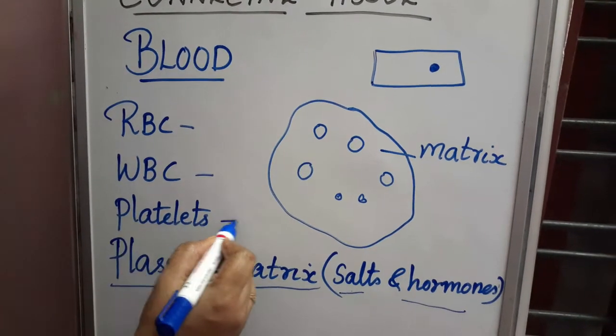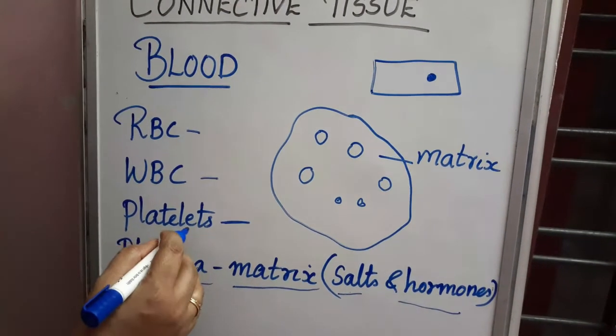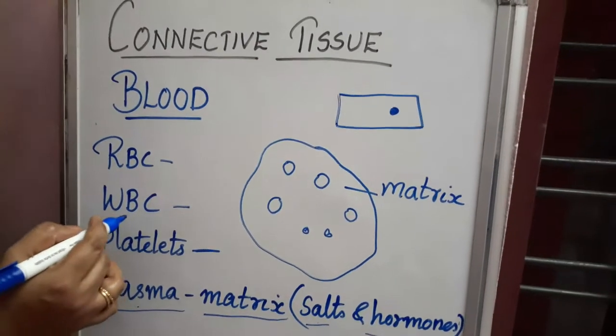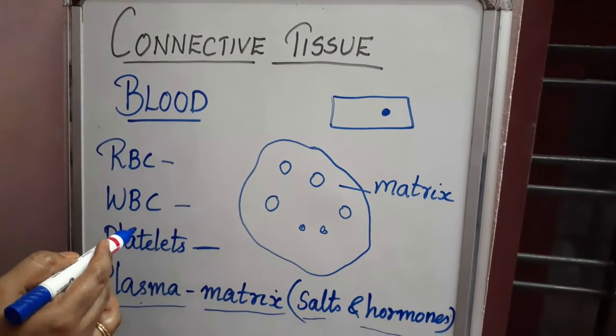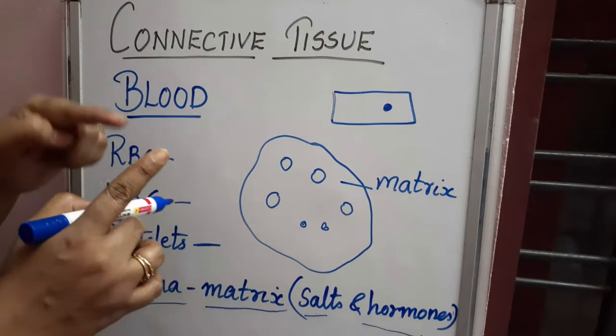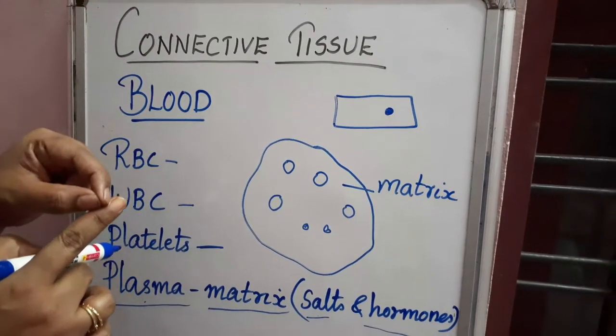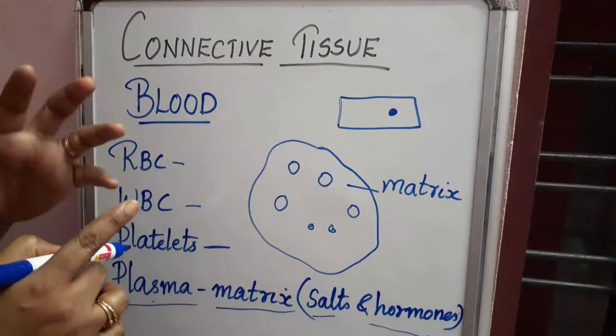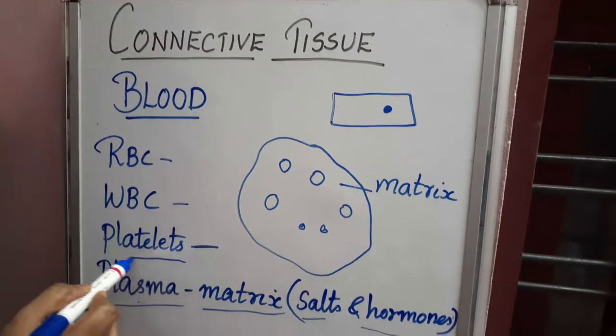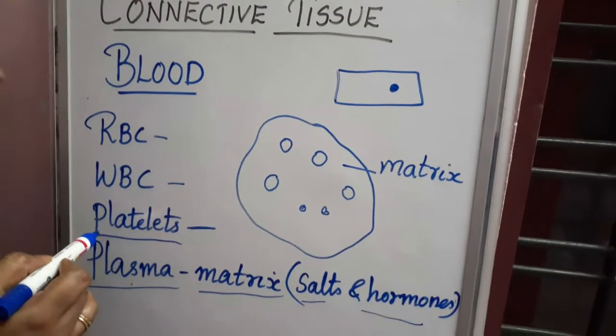What is the function of platelets? Platelets help in the clotting of the blood. If we get any injury, within half an hour some fiber-like structure comes on our skin and the bleeding stops. That is because of the presence of an important thing known as platelets.